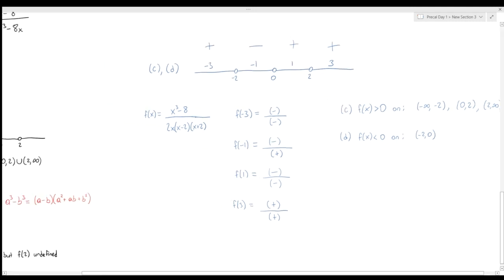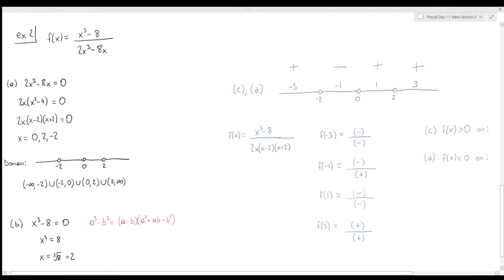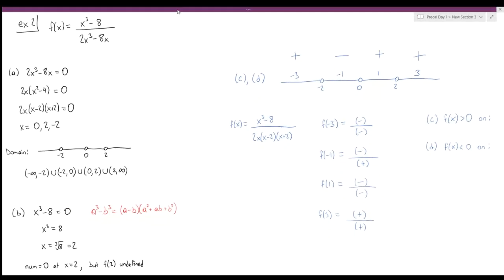Now let's talk about the horizontal and vertical asymptotes for this example.